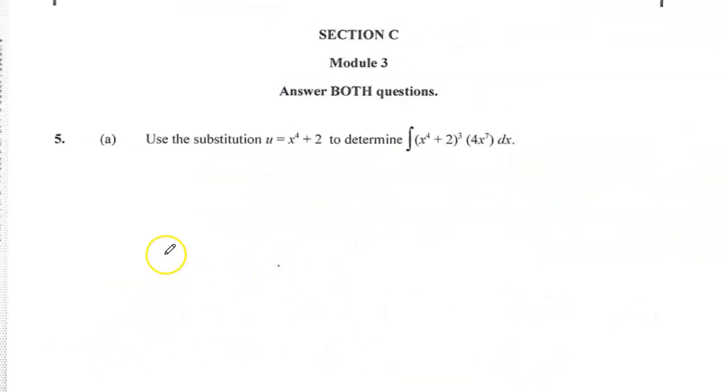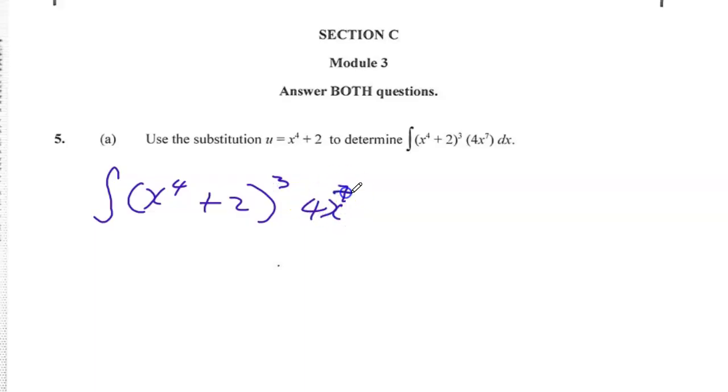So we are now at question 5, and we are asked to use a u substitution to determine the integral. Alright, so the integral of x plus x to the power of 4 plus 2 all cubed, 4x to the power of 7 dx.